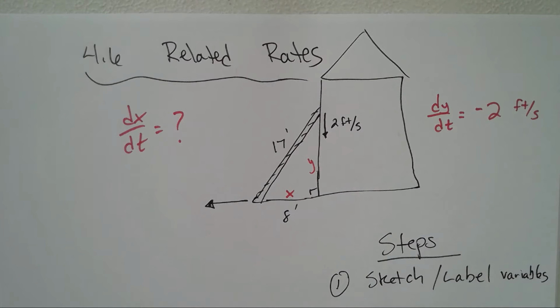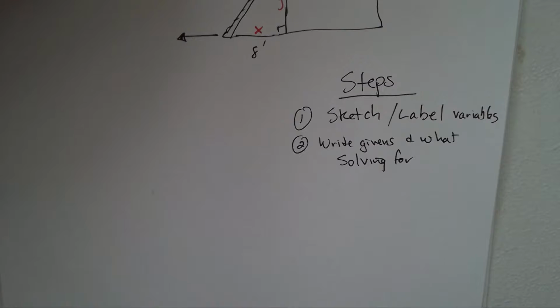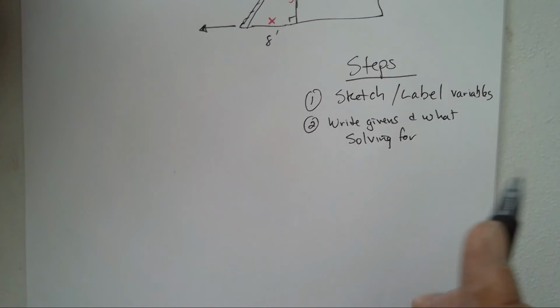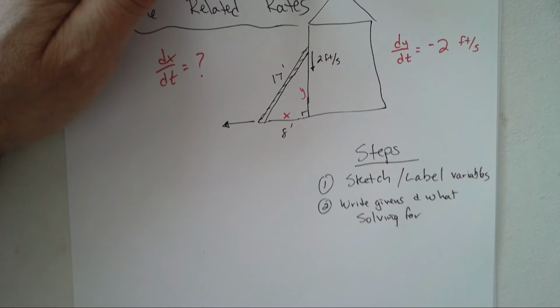And make sure you write down givens and what you're solving for. So all that could be one step, but I ran out of room, so I made it 2 steps. Okay, so make a sketch, label the variables, write down what you know and what you're looking for. That's what we have done so far. Hey, we're 2 steps into it already.